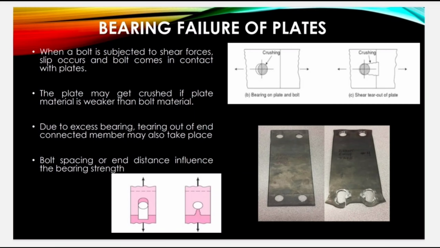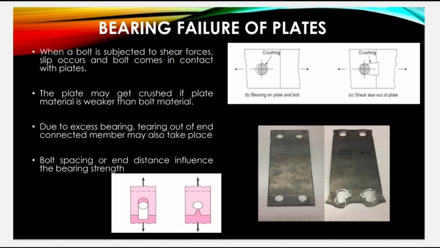Bearing failure of the plates. When a bolt is subjected to a shear force, I can show a plate in the image, slip occurs and the bolt bears against the plates. The plate may get crushed if the plate material is weaker than the bolt material.